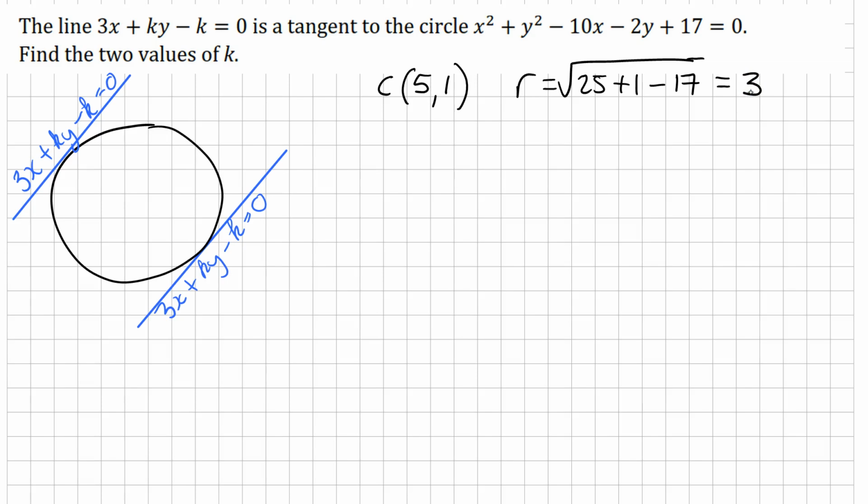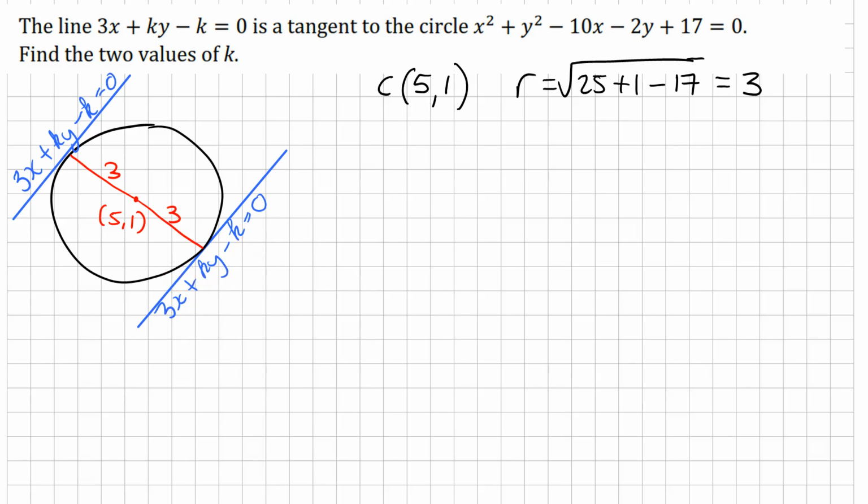Okay, which means that we know that if we go from our center (5, 1) out to these lines, our tangents, that the radius is 3. Okay, so that's now our question set up, because we now know that the perpendicular distance from (5, 1) out to each of these tangents is 3.